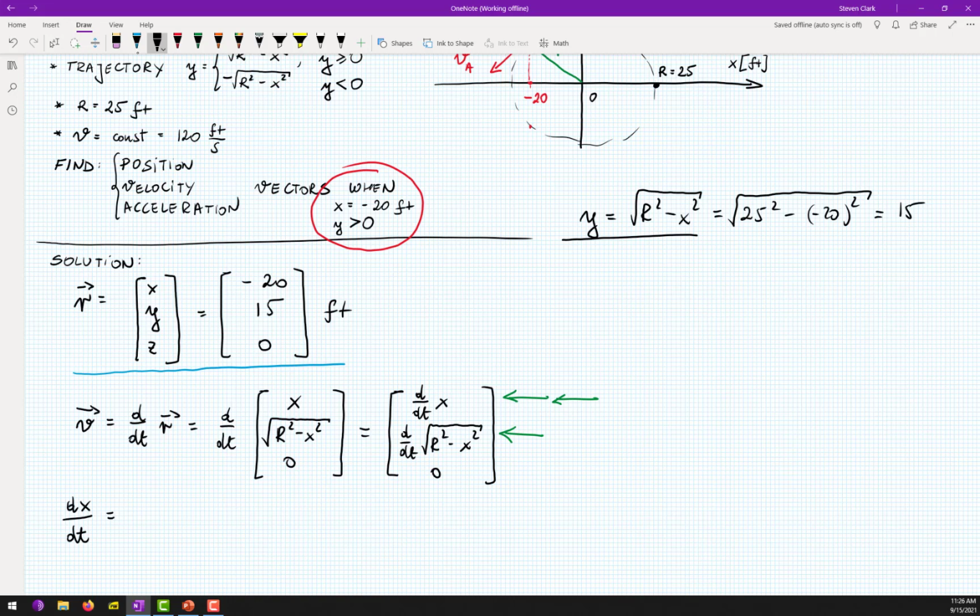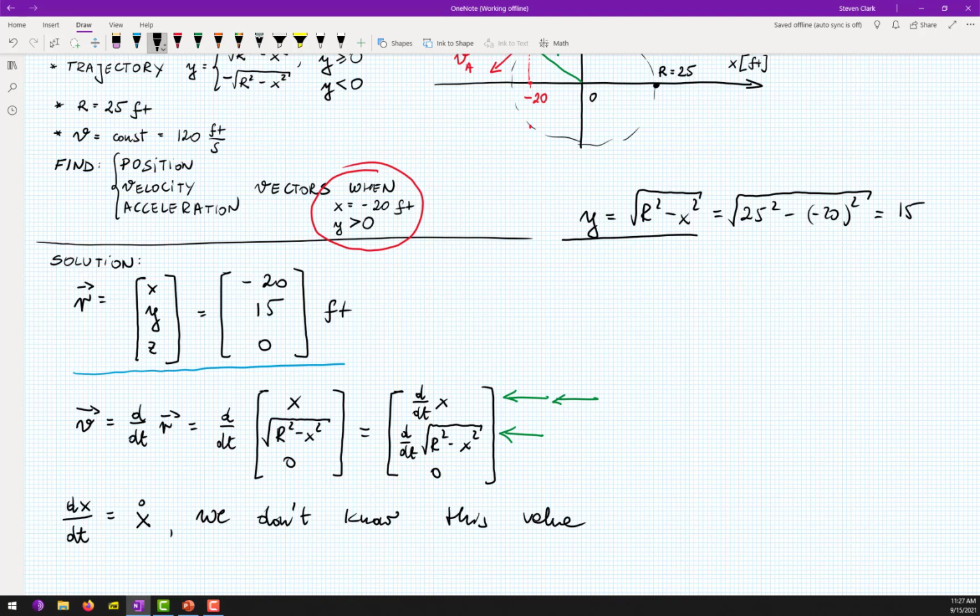So basically this is x dot, and we don't know that value yet. We don't know this value.